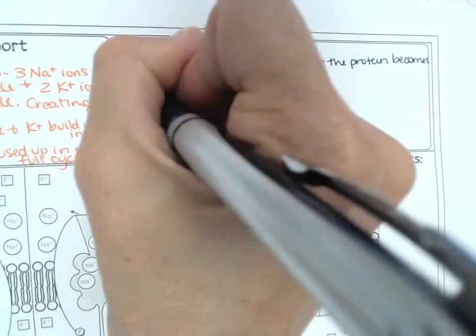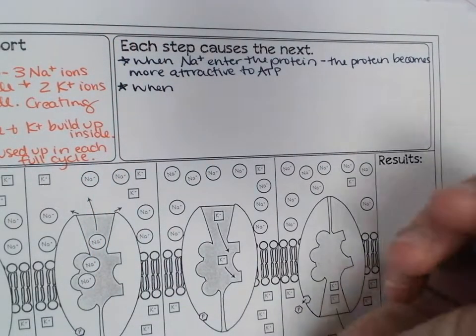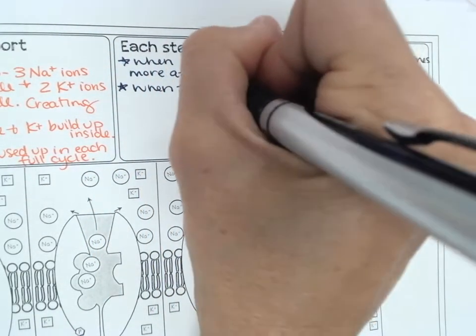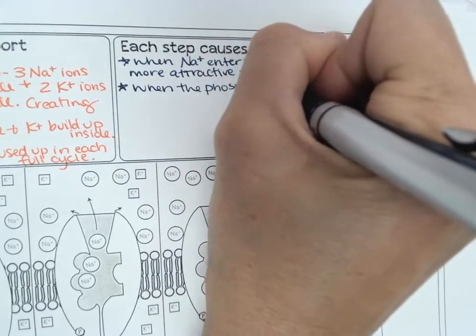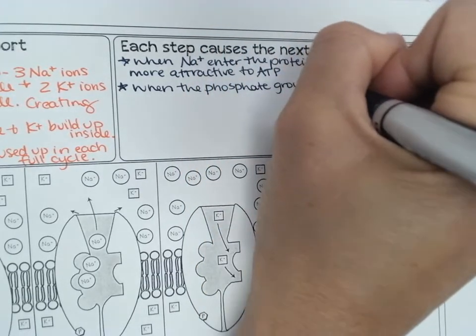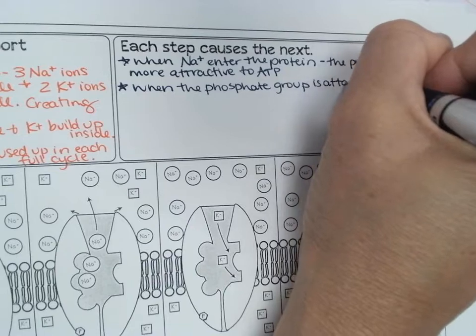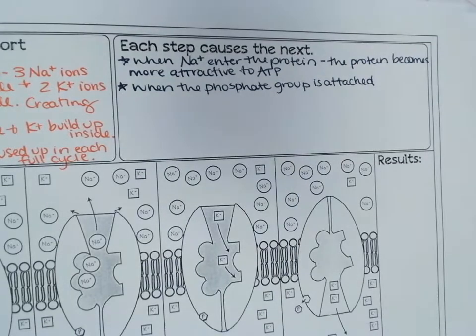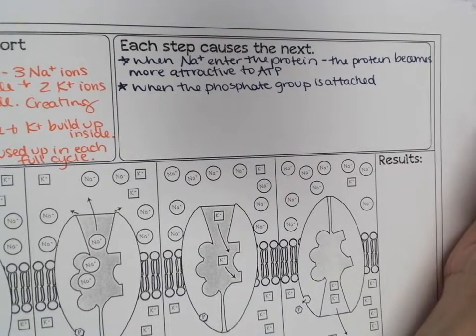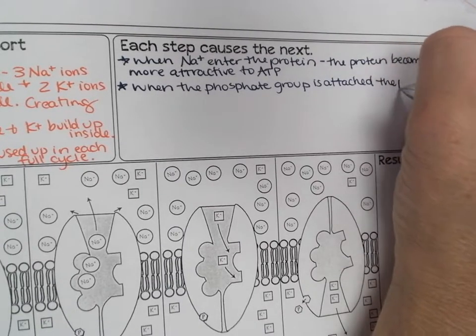Then, when the phosphate group is attached, the protein changes shape.